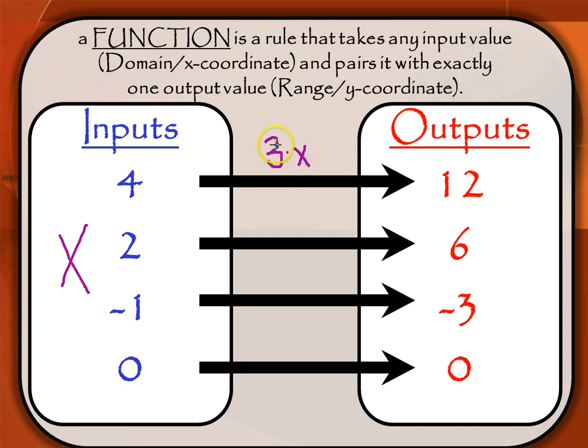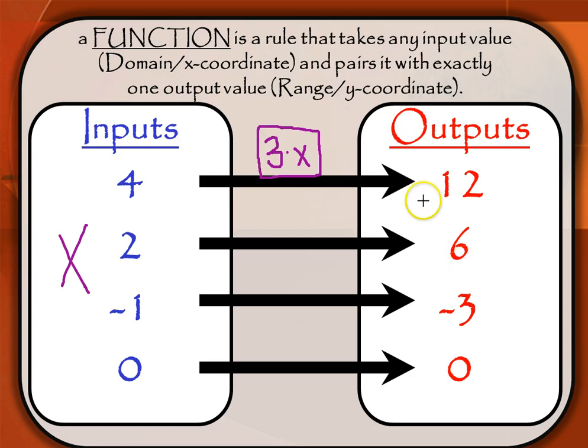So my input of 4, I take 3 times it, get a 12. My input of 2, times 3, I get a 6. My input of -1, times 3, I get -3. So my rule here is 3 times whatever my input value is. My domain is anything here that I can put in. My range is what it gives me out.